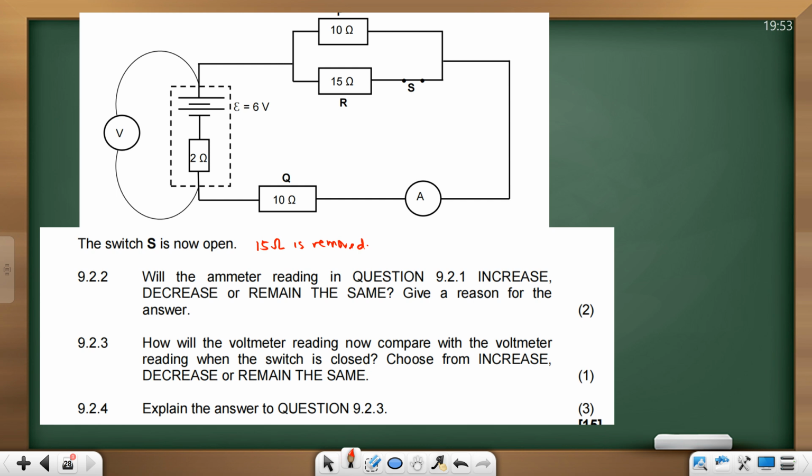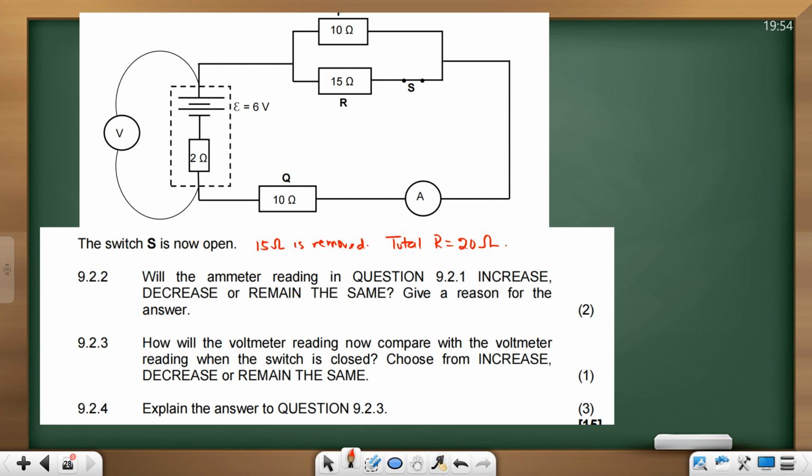Do you remember we got 6 earlier? No, what did we have? 16. Now, if we remove the 15, what happens? We have the 10, which is now in series with the 10. So my total resistance is now what? 20 ohms. Can you see? Removing a resistor in parallel will increase the total resistance.